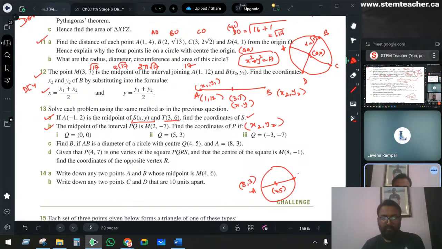It's a midpoint. You have to take x2, y2 to get the other point. That's it. You can find this B.